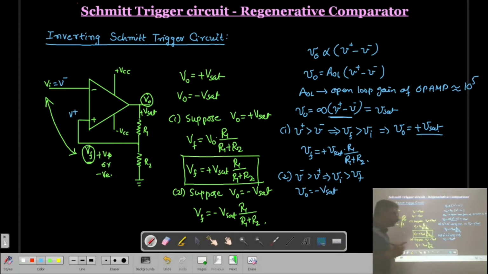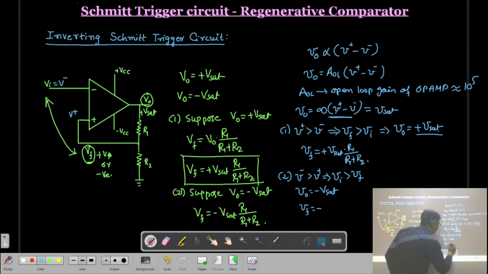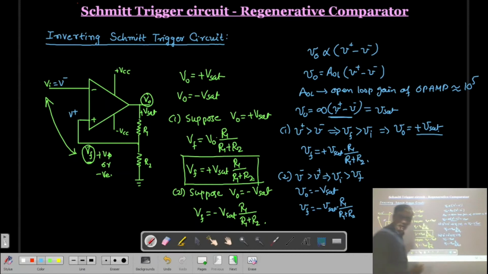And minus V saturation will generate a negative feedback voltage. So here the feedback voltage will be equal to minus V saturation into R1 divided by R1 plus R2.